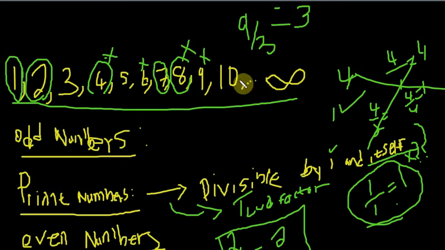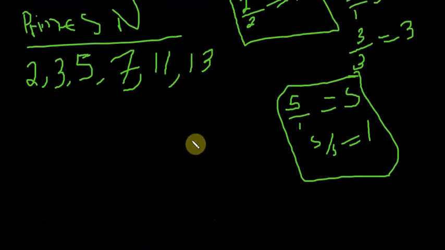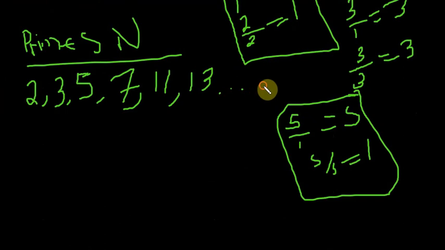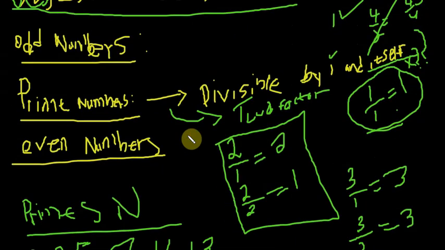So only 2 factors. What about 10? Nope. What about 11? 11 is a prime number and 13 is a prime number. Okay, the list of prime numbers goes on.